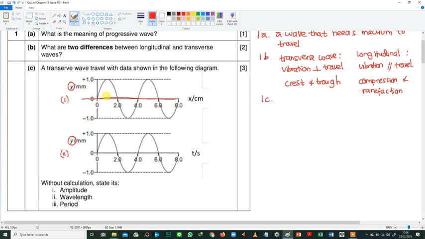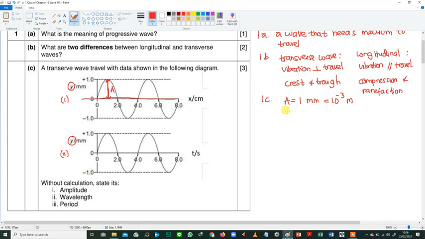So the maximum displacement is this one. This is the maximum displacement or amplitude, and you can see the number is 1. Look at the unit, it is in millimeter. You write it in millimeter or you convert it into meter. That's okay. Both of them will be 1 point.